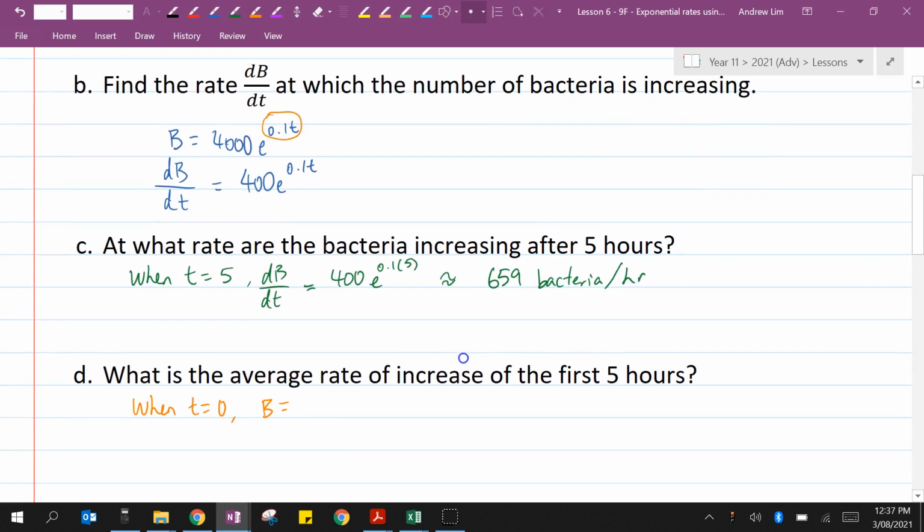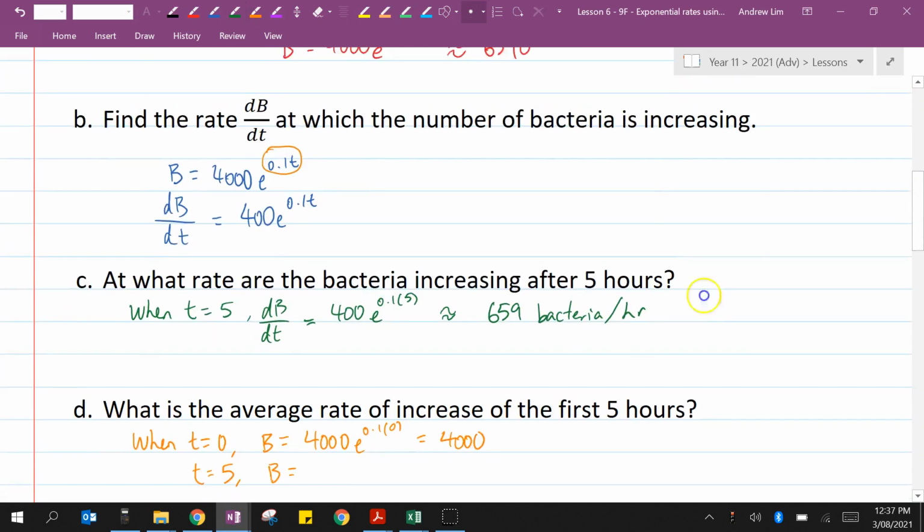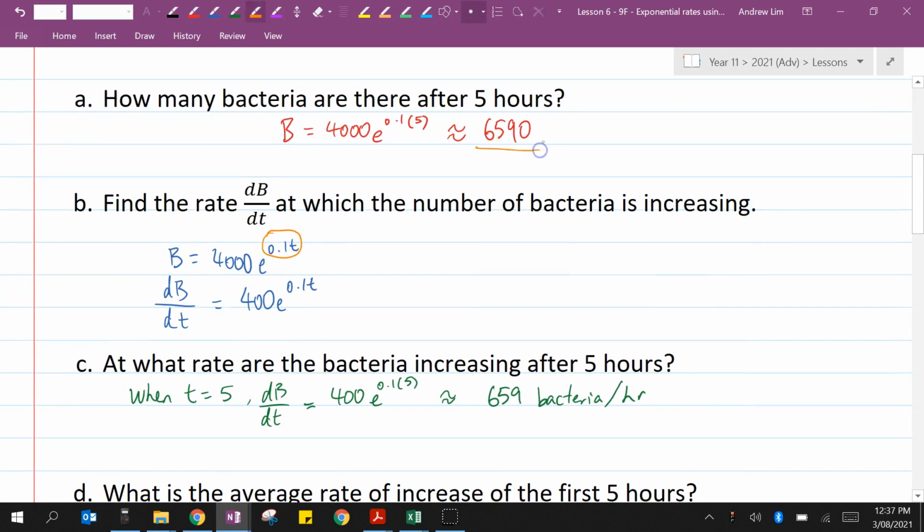Well, according to the formula, bacteria is 4000 e to the power 0.1 times 0. 0.1 times 0 is 0, e to the power 0 is 1. 4000 times 1 is 4000. So at the very beginning there were 4000. When t is equal to 5, we already worked this out. We said that the number of bacteria was 6590.